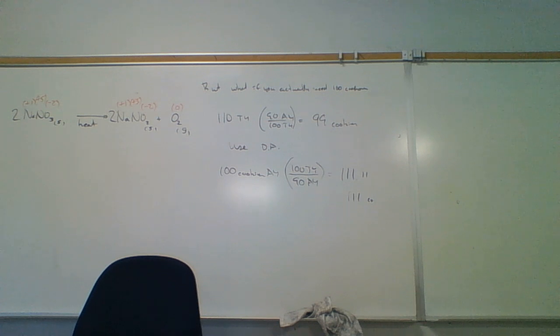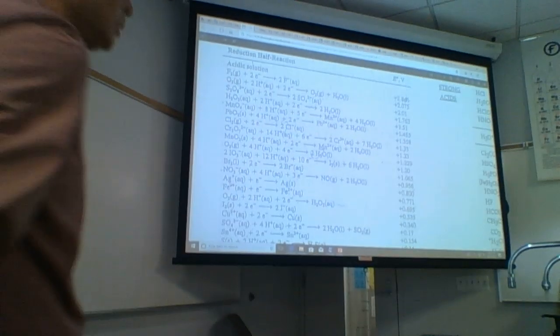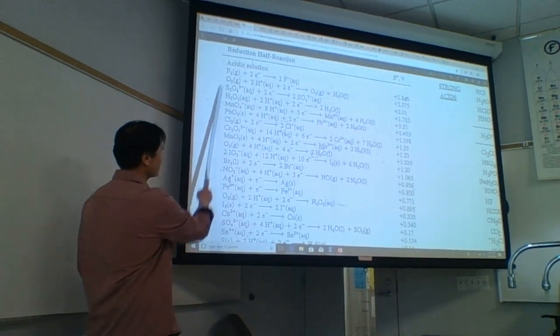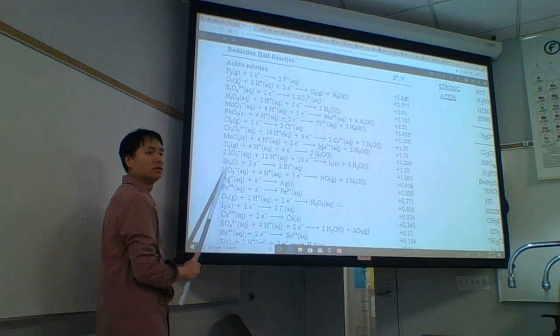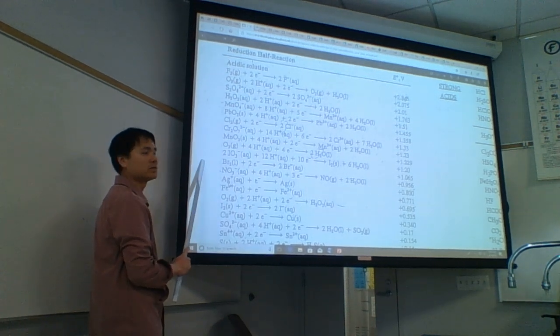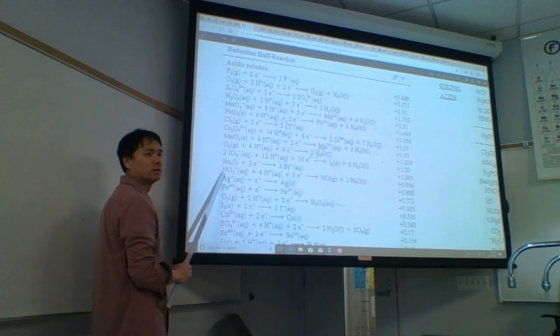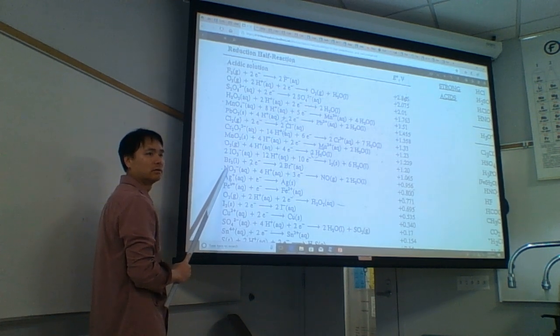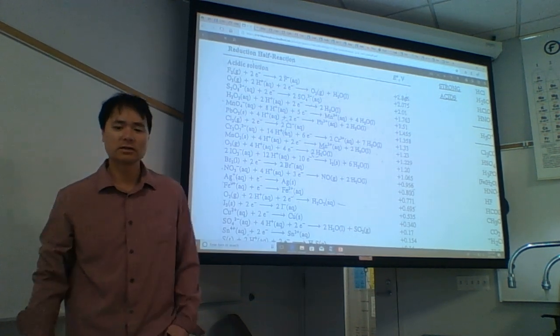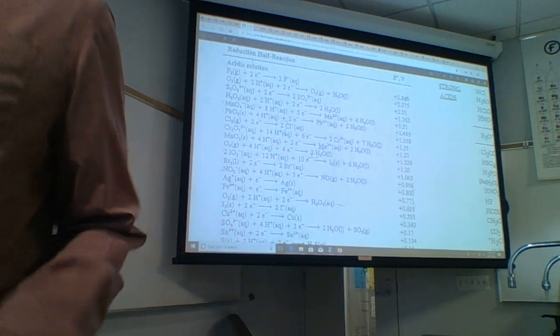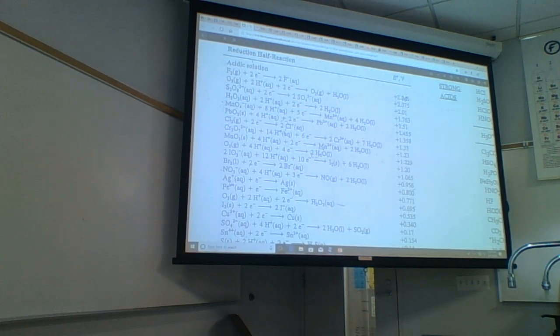Do you see nitrate on this table? Turns out nitrate is a strong oxidizer. It's here. Although it's pretty bored down, it's still a pretty strong oxidizer. Here, nitrate. Strong oxidizer.